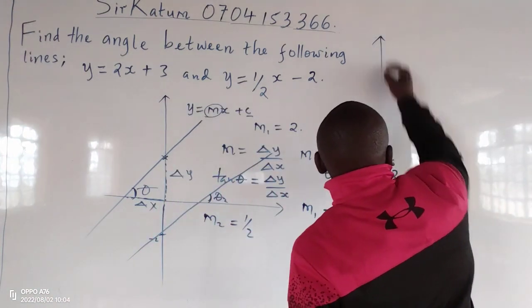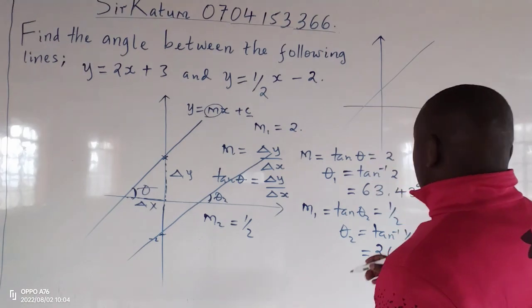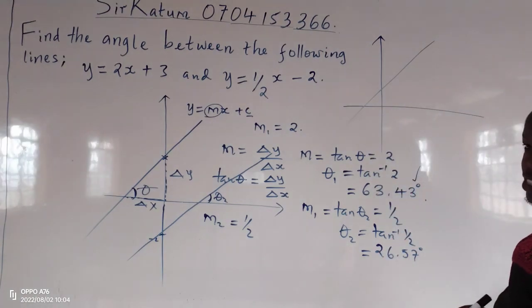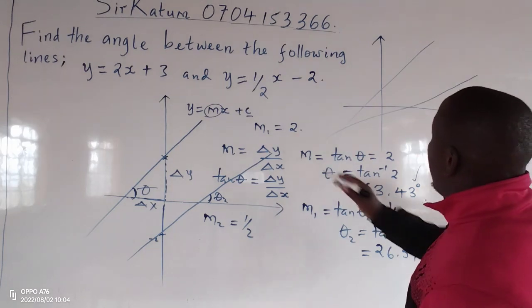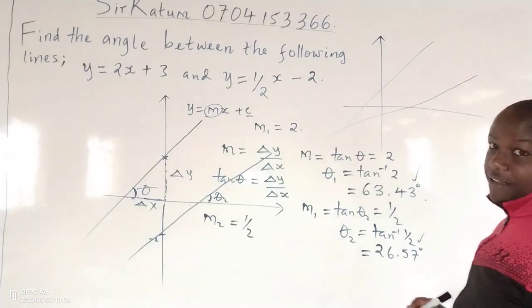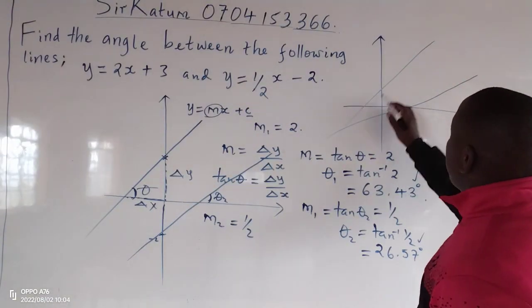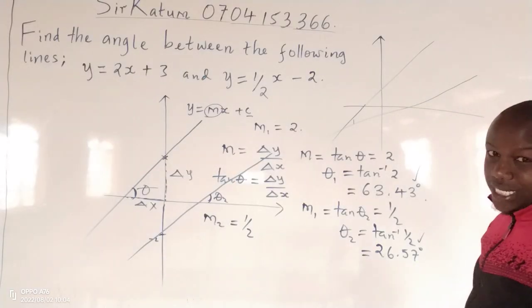Now, what we are evaluating is the angle between the two lines. One line makes an angle of 63.43 with the x-axis and the other makes an angle of 26.57, and at some point the lines are going to intersect.